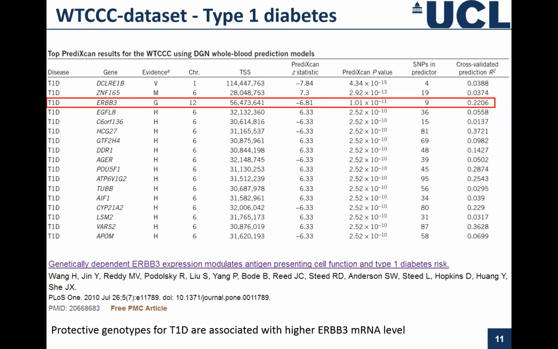And this association with a lower expression of this gene is supported by a publication from 2010, where they could show that protective genotypes for type 1 diabetes are associated with a higher ARBB3 mRNA level.